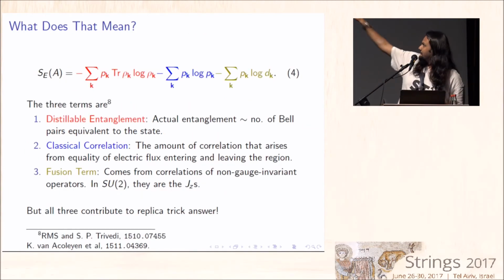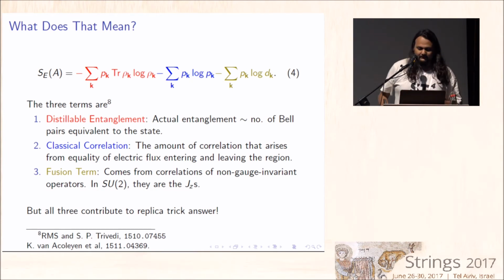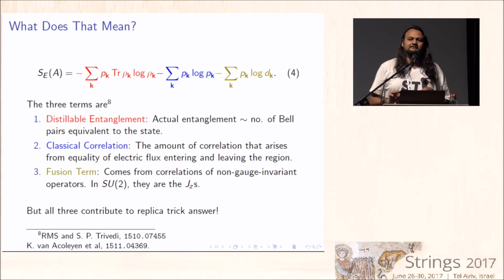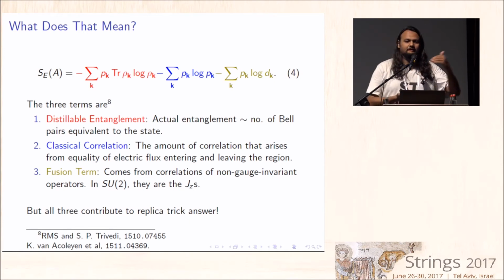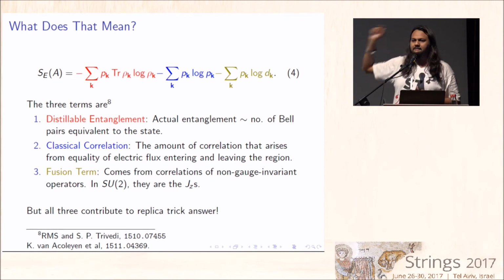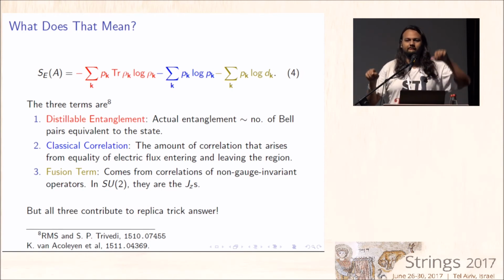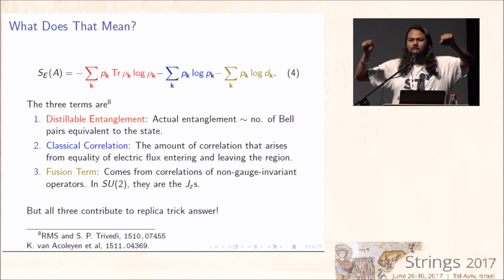The first term, the pk trace rho k log rho k term, is a distillable entanglement. This is the only part that's actually entanglement. In some precise sense, it's the number of Bell pairs equivalent to your gauge theory state. The second term is classical correlation. It comes from the correlation of a gauge invariant operator outside and a gauge invariant operator inside.